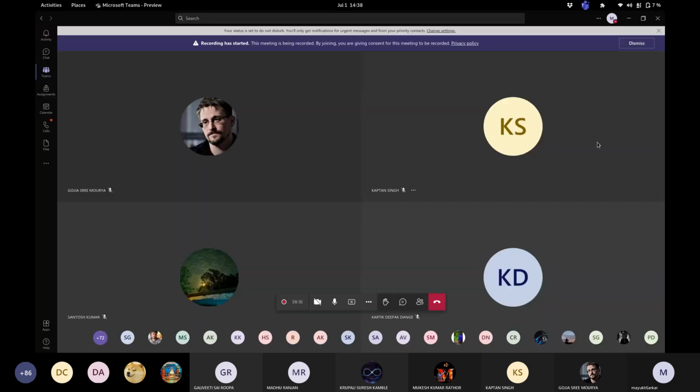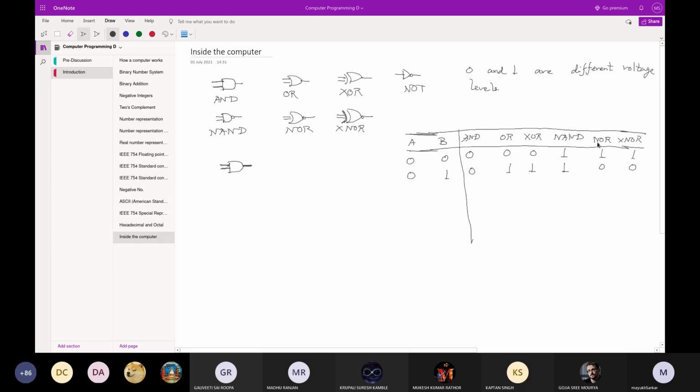Okay, connected to another power source.